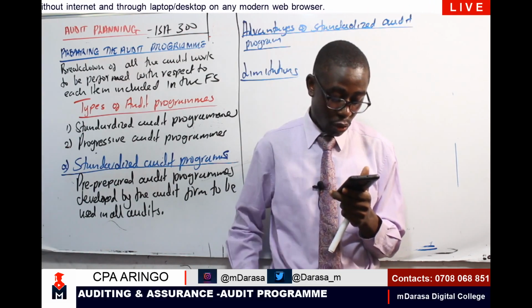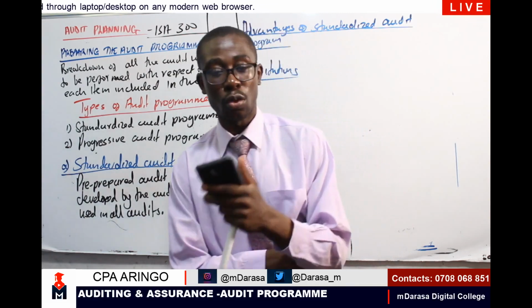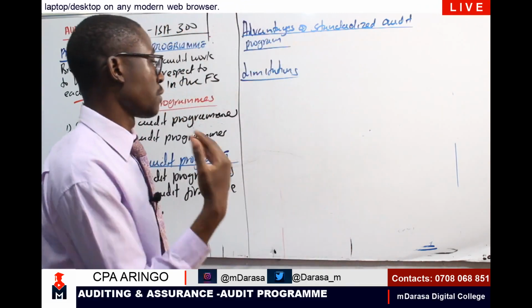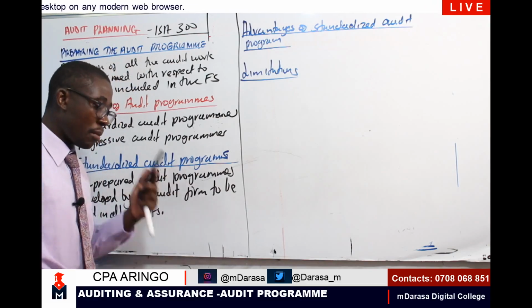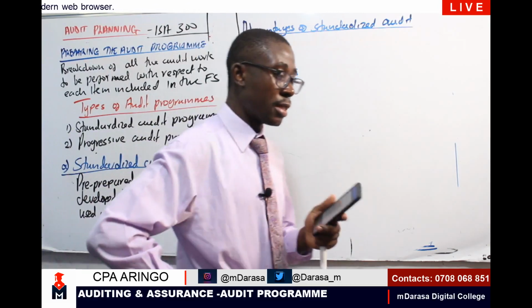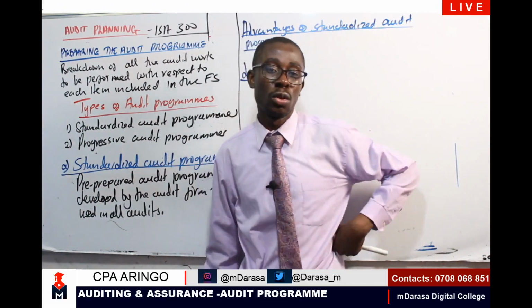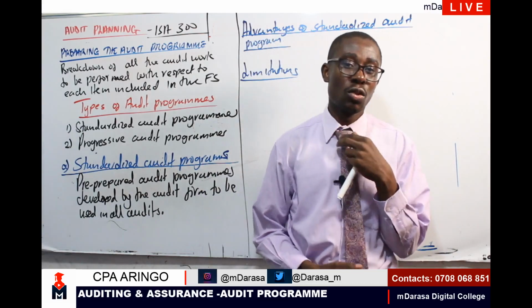Then the other element you're talking about is they discourage initiative and use of auditor's judgment, because I must follow a set of guidelines. Probably I'm thinking a whole different element, but because this program has set certain guidelines that I should follow, at the end of the day it is going to limit my judgment.